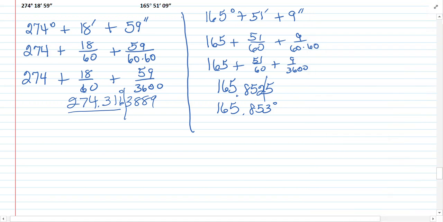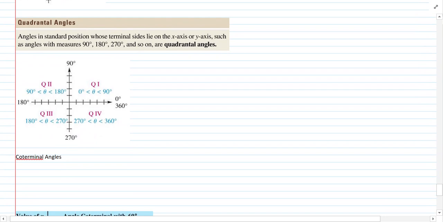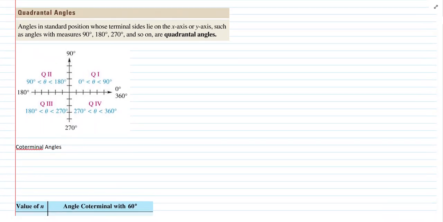All right. So let's go to the most important part here, which is our quadrantals. Our quadrantals are very, very important.